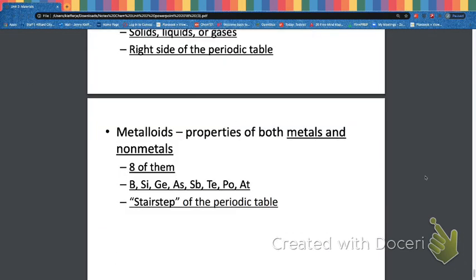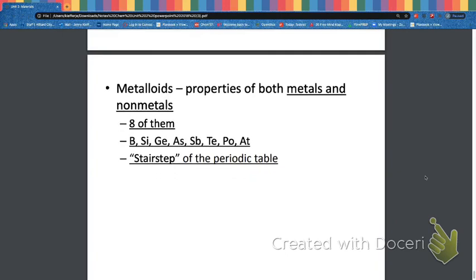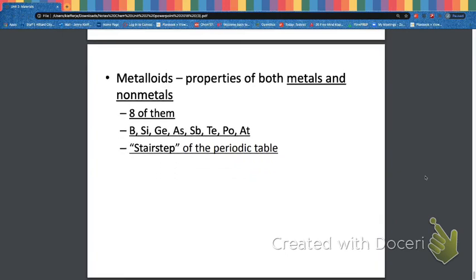So here's my metalloids. And they're really very, very unique elements. Each one has a different set of properties, but the properties that they have don't necessarily match up all with metals or all with nonmetals.